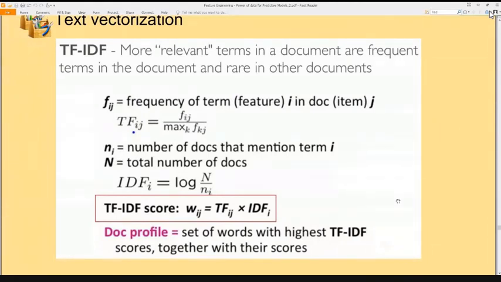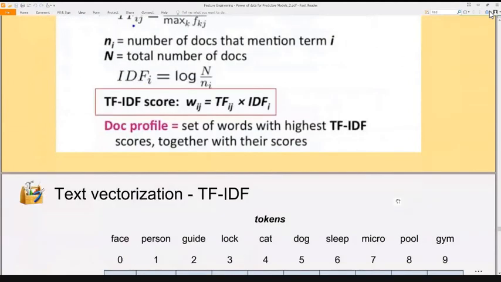Relevant terms in a document are frequent terms in the document and rare in other documents. Meaning that if a term appears the most in one document, it means that it has a degree of importance.